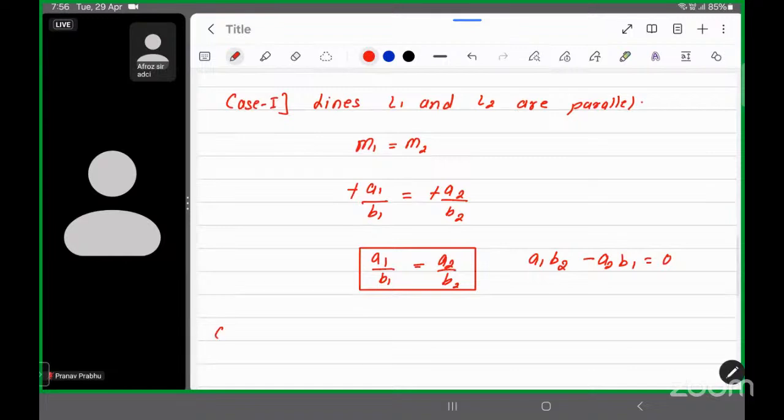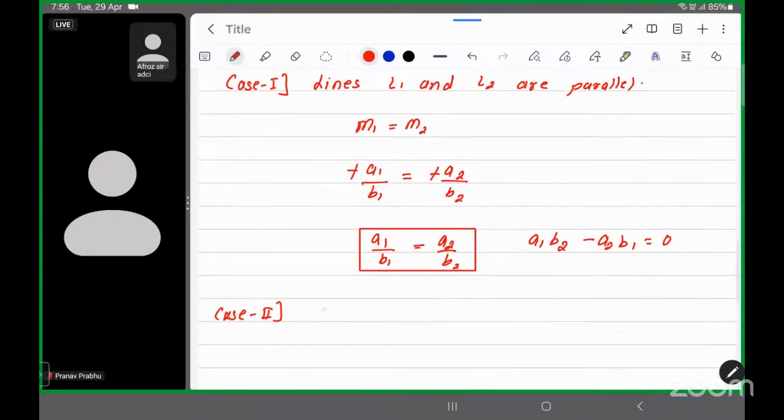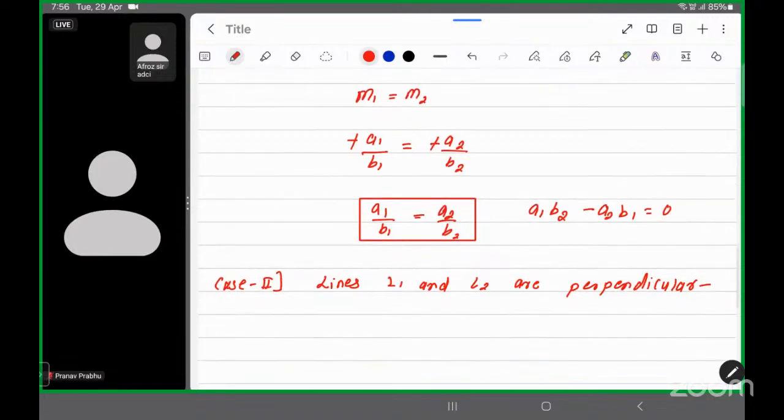Case 2: lines L1 and L2 are perpendicular. Therefore, m1 into m2 equals minus 1. As we saw yesterday, the condition for perpendicular lines is that the product of the slopes becomes minus 1.